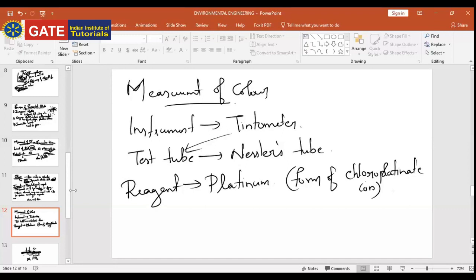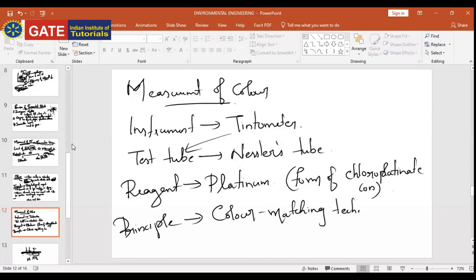Now, the next thing you have to know is the principle. What is the principle of this particular technique? The principle of this process is the color matching technique. How this process is carried out, I'll show you in a video.